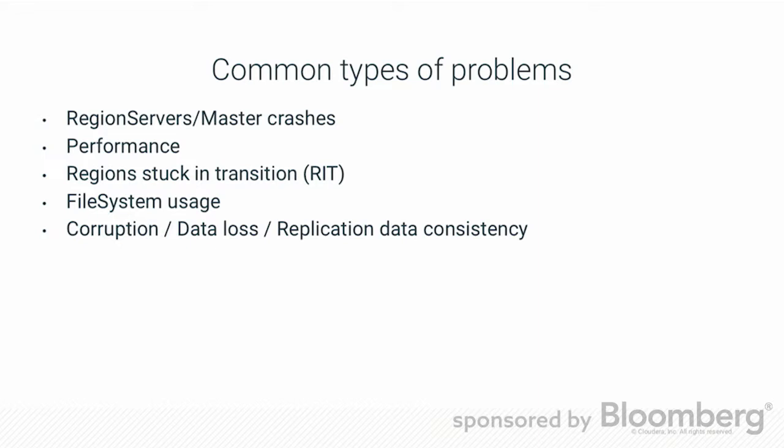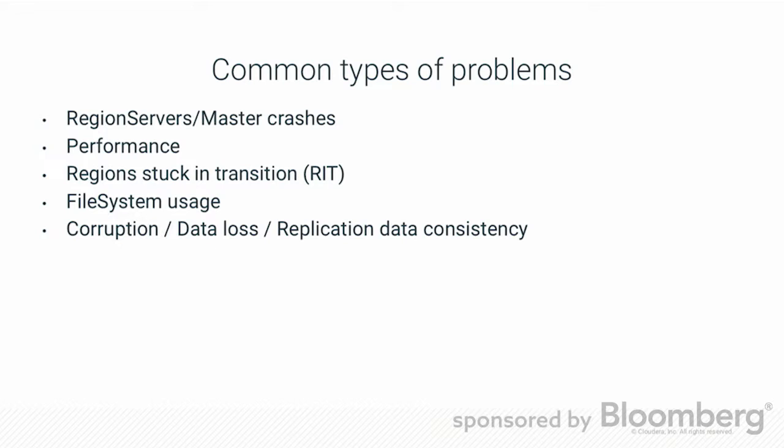also known as RIT. These are responsible, I would say, for around 10% of our cases, from the reports that I took. Surprisingly as well, there are a fair amount of cases complaining about file system usage exhaustion, where HBase is taking over almost the entire space of the underlying file system.